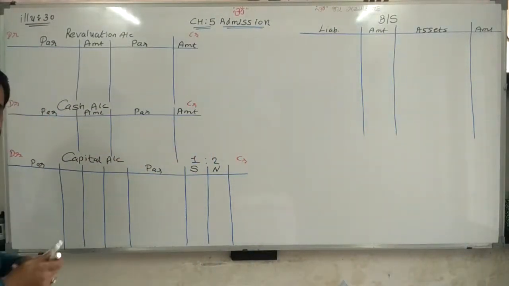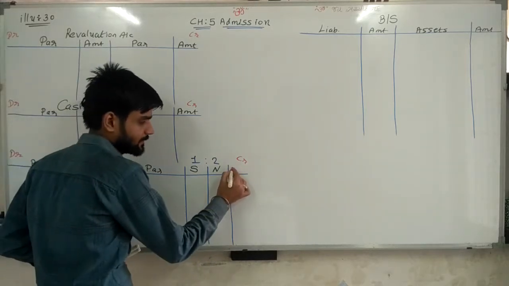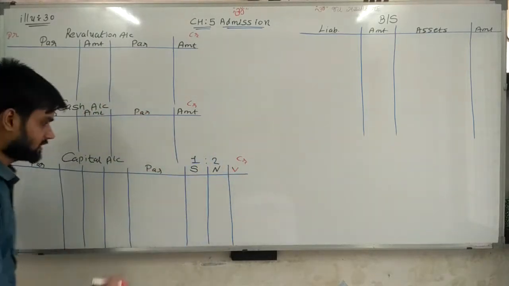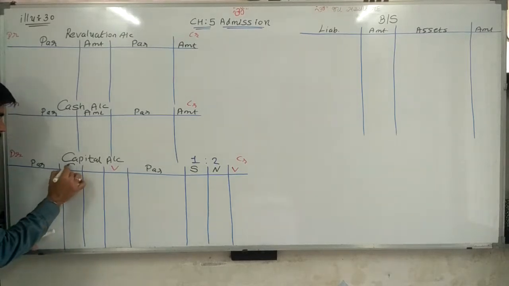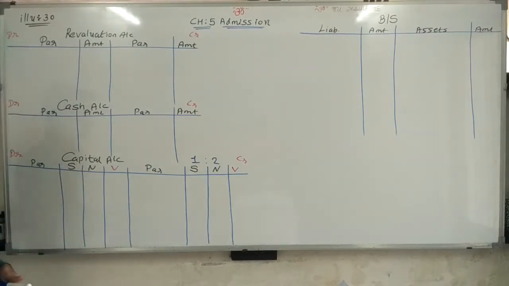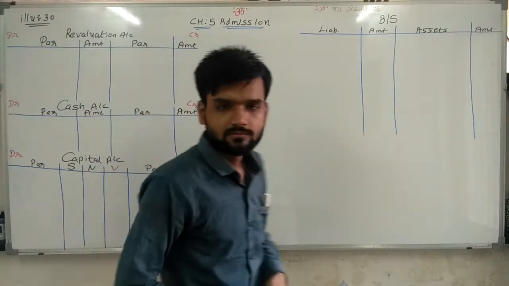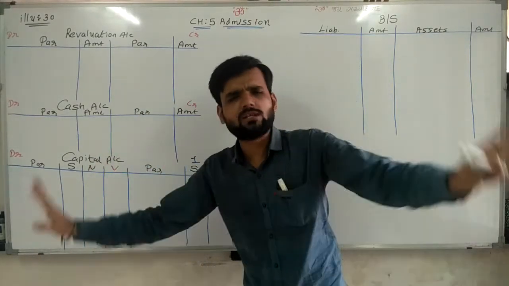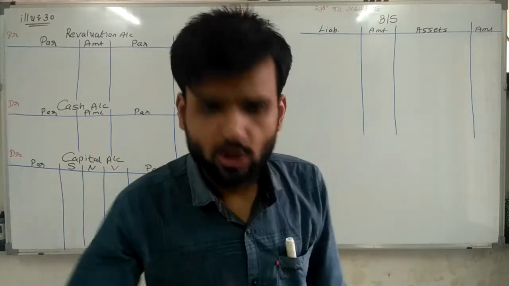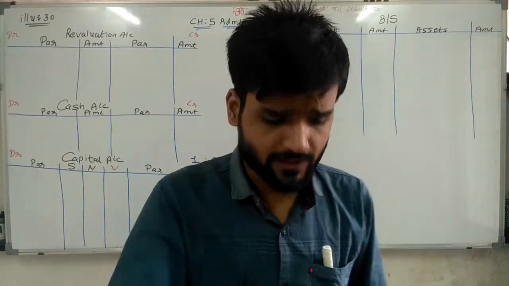So we admitted Vijay, the third partner, so write V. Now S and V are the partners. That's it. Going ahead.